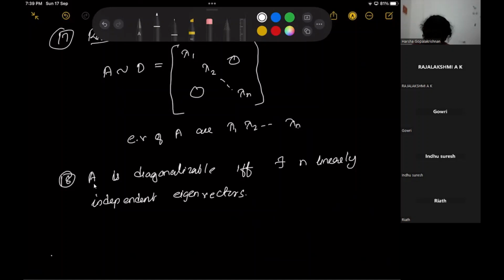A is an n by n matrix, and if it has n linearly independent eigenvectors, it is diagonalizable. The other way, if it is diagonalizable, it will have n linearly independent eigenvectors. So this is a necessary and sufficient condition.